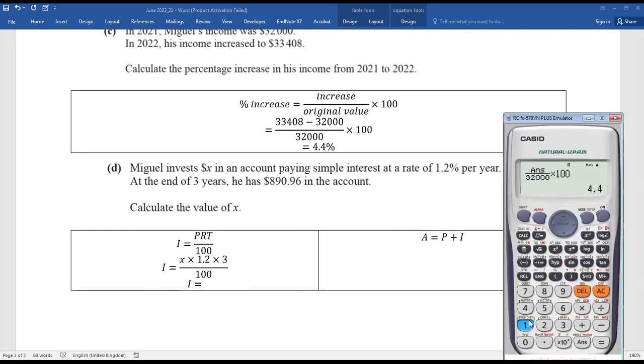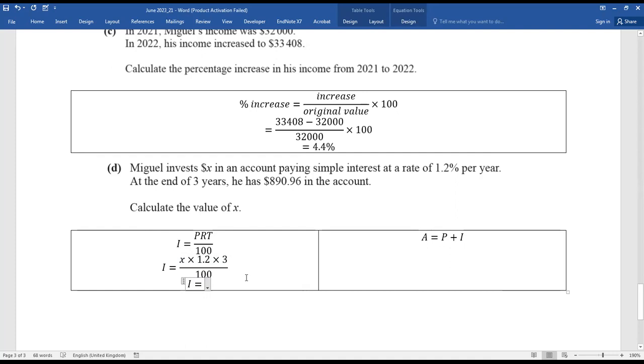And how do we find it? 1.2 times 3, and whatever the value is, divide that by 100. So in decimal, this is 0.036x. So the total amount is 890.96, and that consists of the principal plus 0.036x interest. Now X is just 1x.